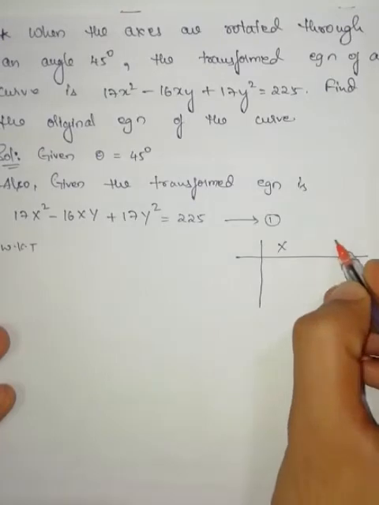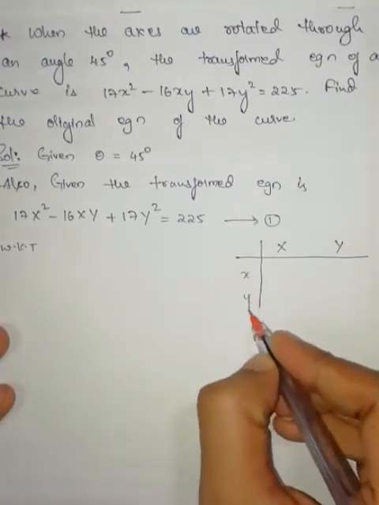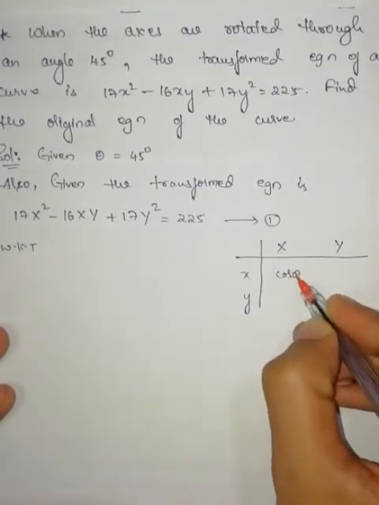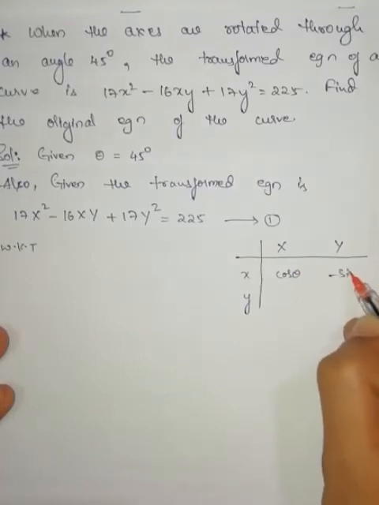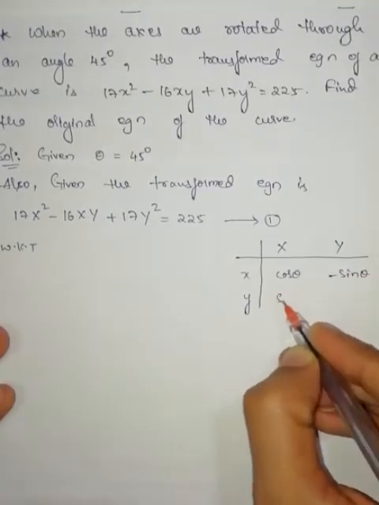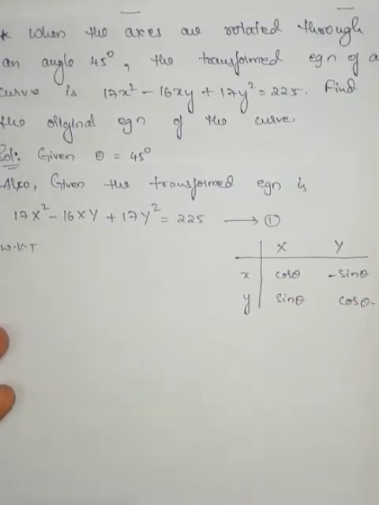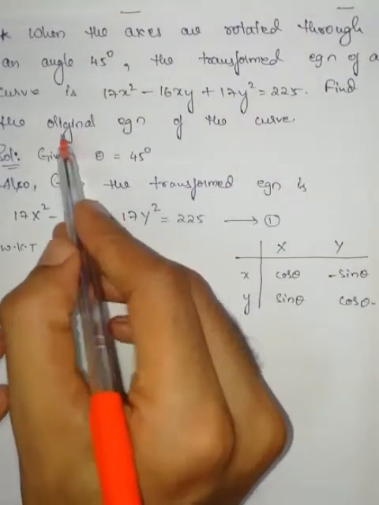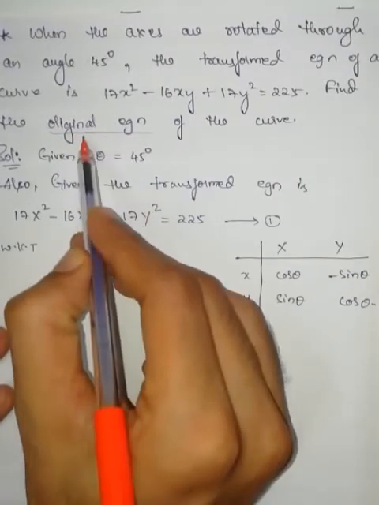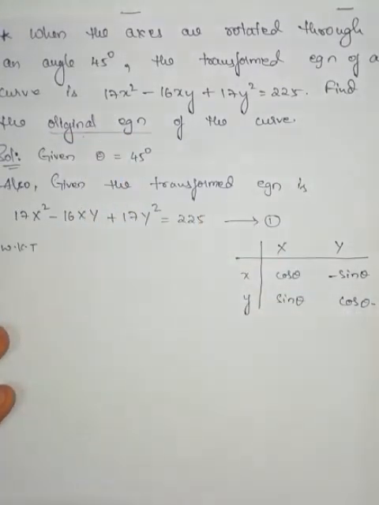We know the table relating capital X, capital Y, small x, small y with cos theta and sin theta. From this table, I have to find the original equation, meaning the equation should be in terms of small x and small y.